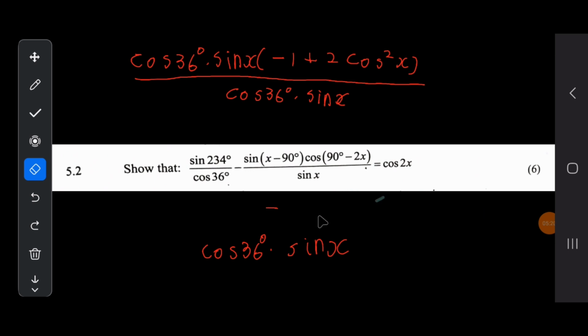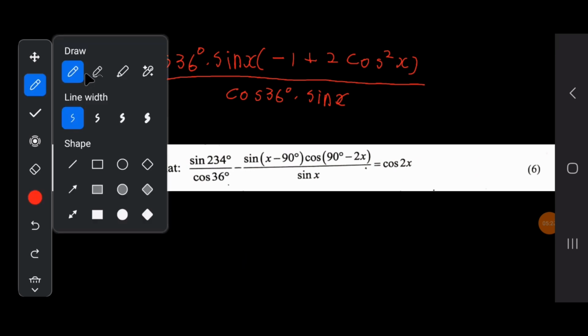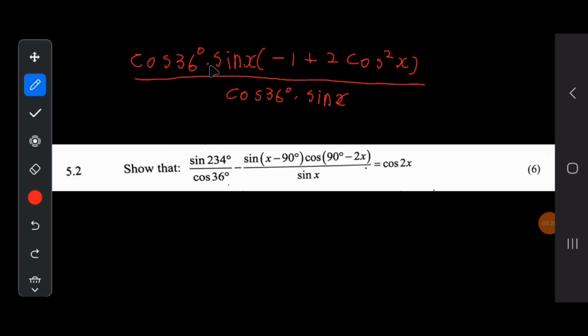So let's check here. What do we have here now? Cos 36 times sine x, cos 36 times sine x. So that means this cancels this, and we're left with 2 cos squared x.